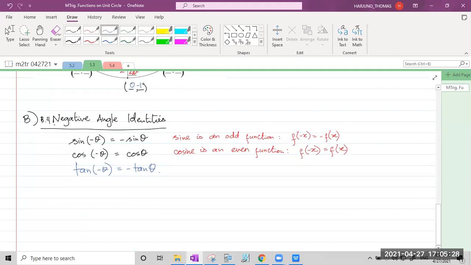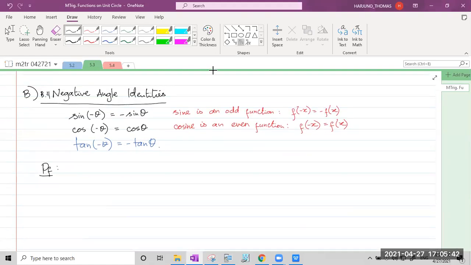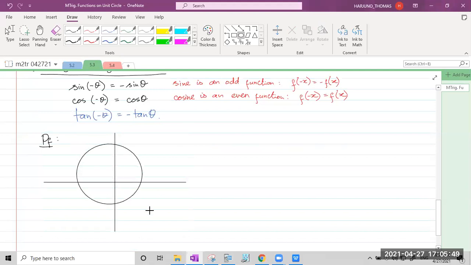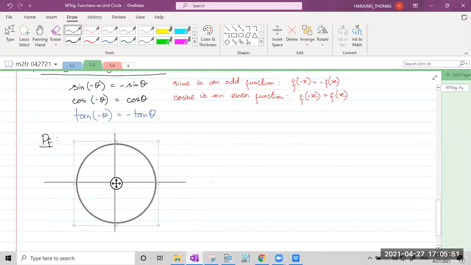The proof. We will do this using proof by picture. Take a look at a unit circle. Okay, let's say this is angle theta.